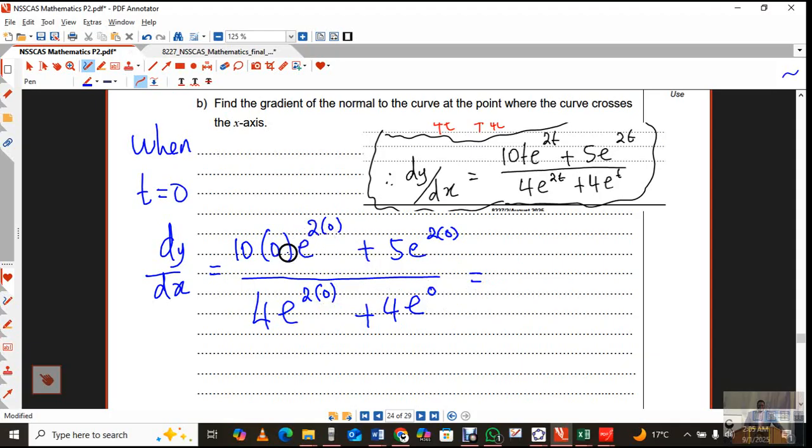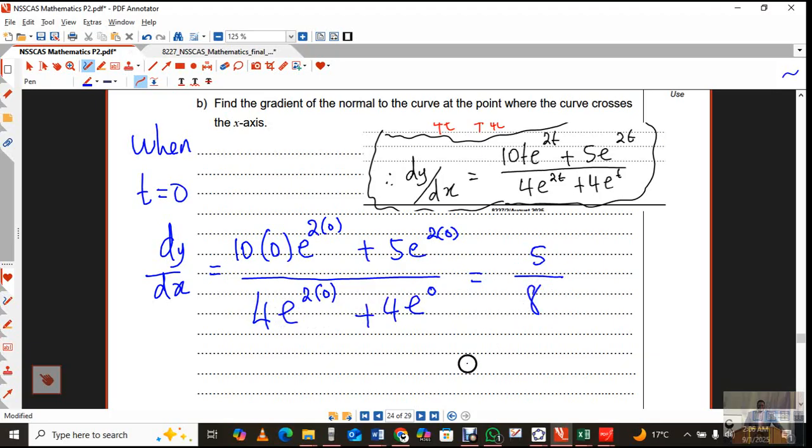This stuff on this side gives you only 0, and this one gives you 5, so that's 5 on the numerator. This is going to be 4 times 1, which is just 4, plus 4, that gives you 8.